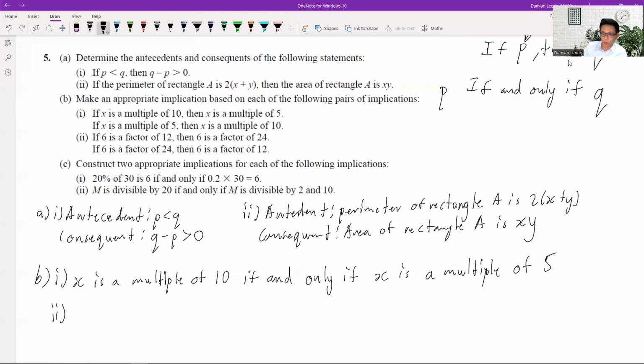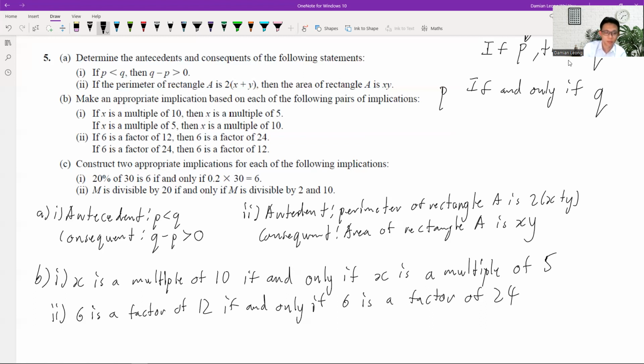So also combine with if and only if. 6 is a factor of 12 if and only if 6 is a factor of 24. Okay, these are the two statements, two combined implications.